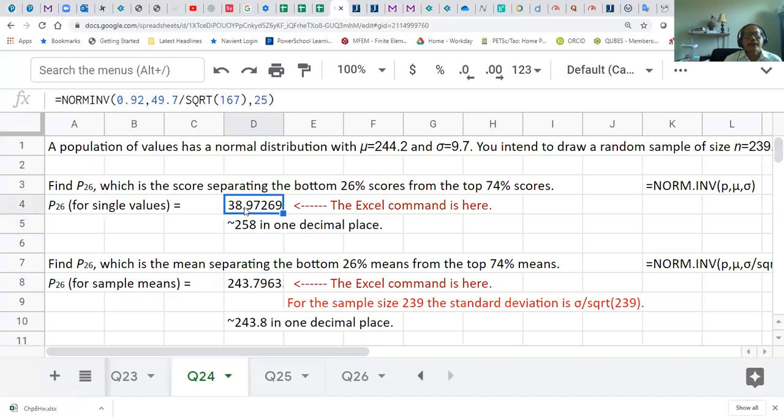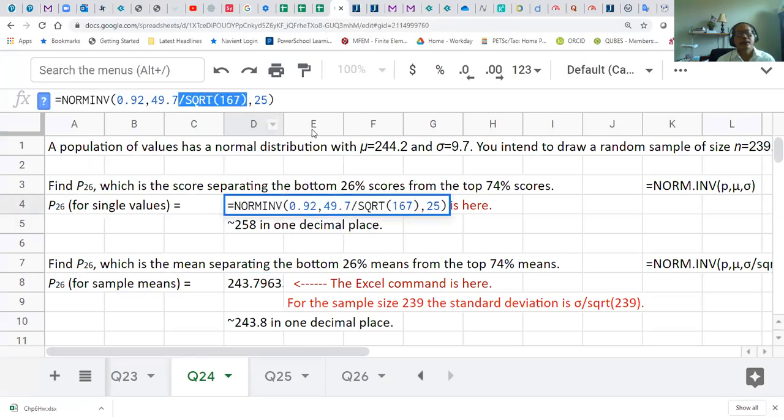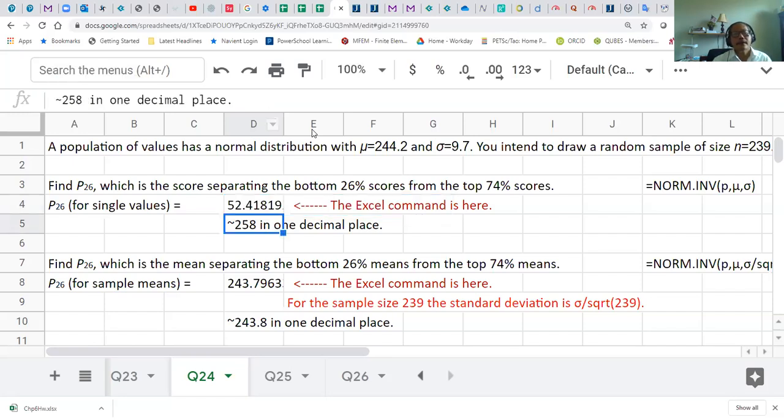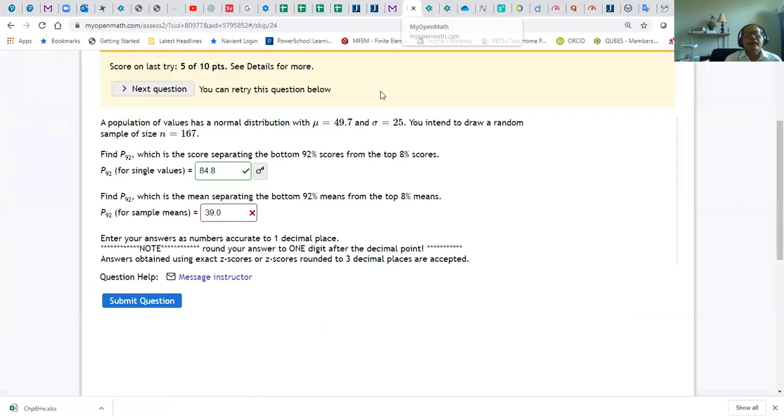Oh, I think I made a mistake. It's not this one that you need to divide by. It's not the mean that you need to divide by, but the standard deviation. Yeah, so the answer will be 52.4. Okay, so now we got the answer.